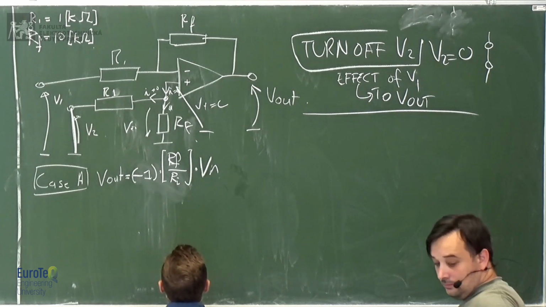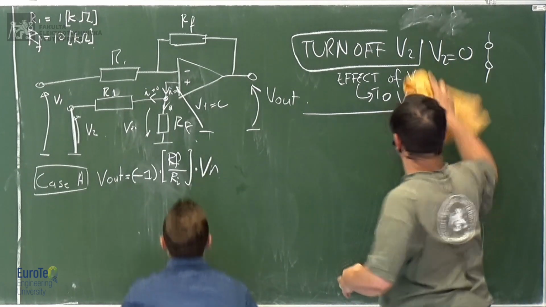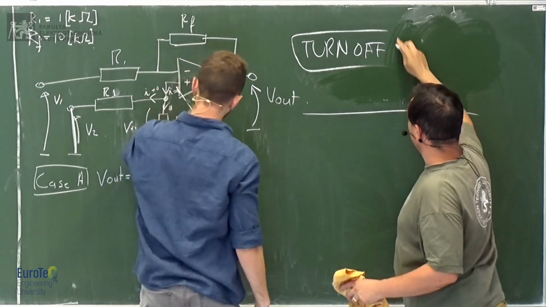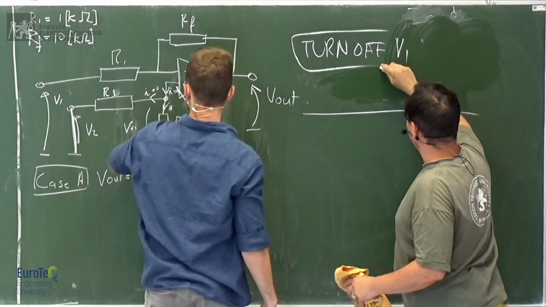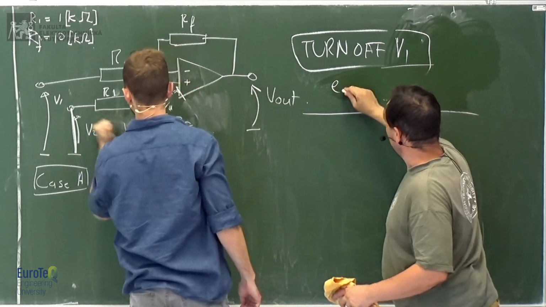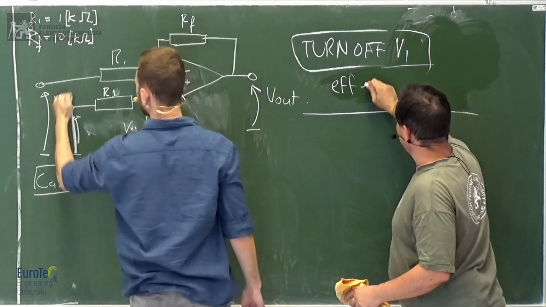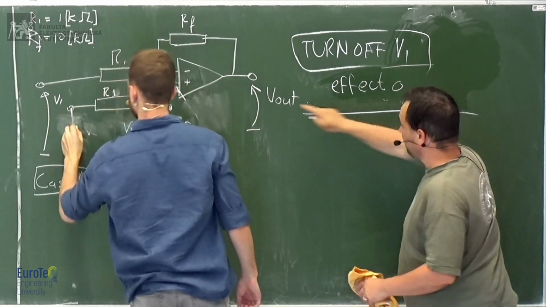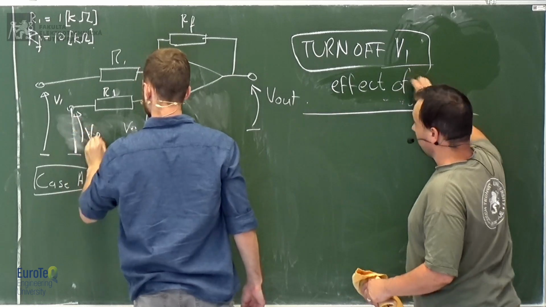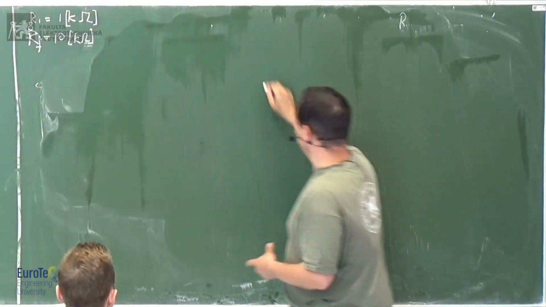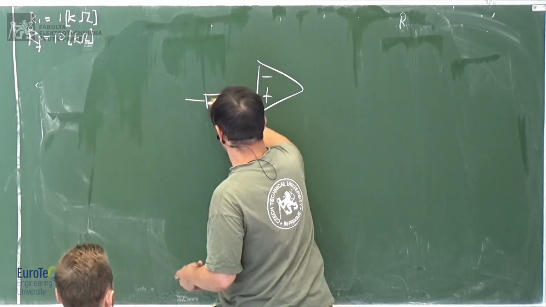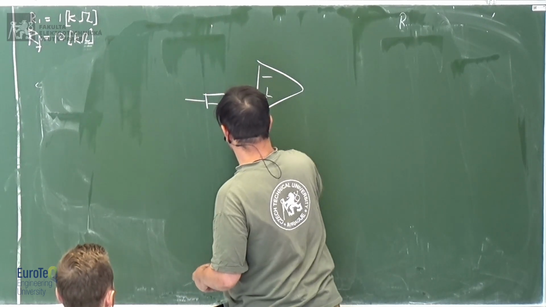Okay. Now, opposite. So we turn off V1, and we watch what happens to the voltage output because of V2. So let's take again our differential amplifier.